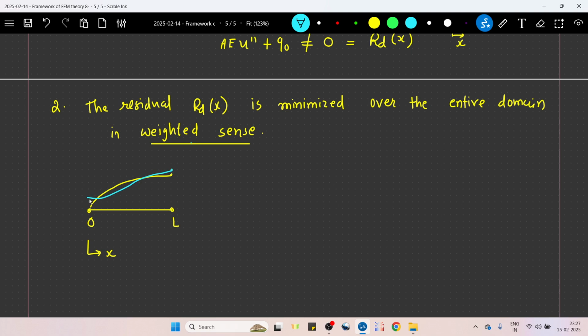So we'll get some residual or error, Rd with respect to x. There is an error along the length of the rod.